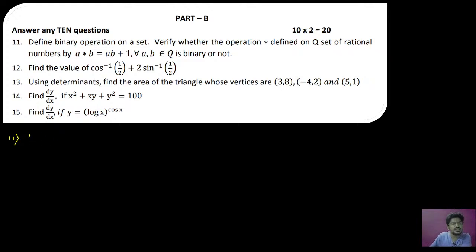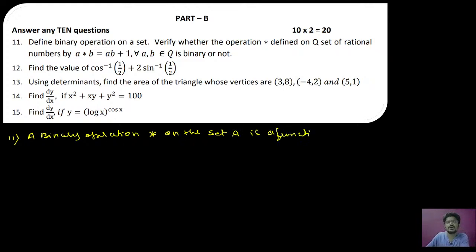A binary operation star on the set A is a function given by star from A cross A to A. So this is the definition of binary operation.